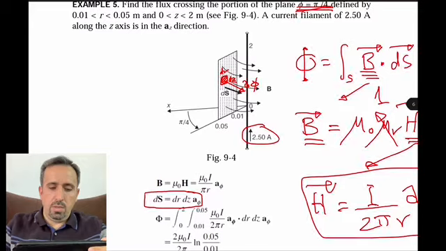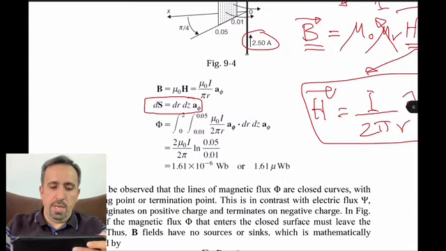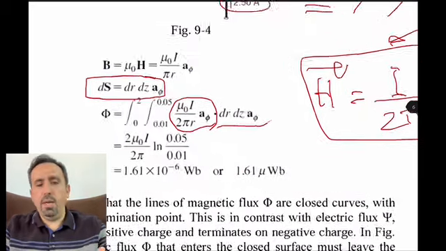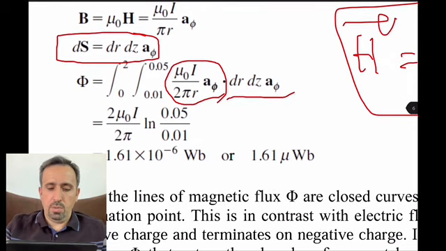So dS with its direction is multiplied with B with its direction, then you make the integration, which is performed for both dr and dz.